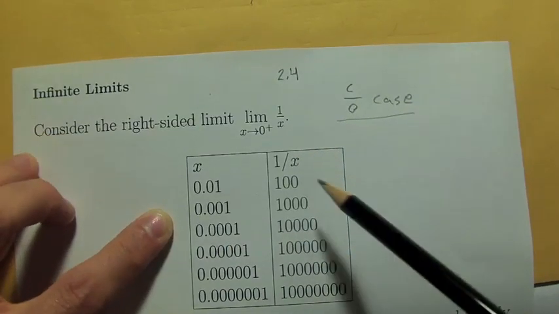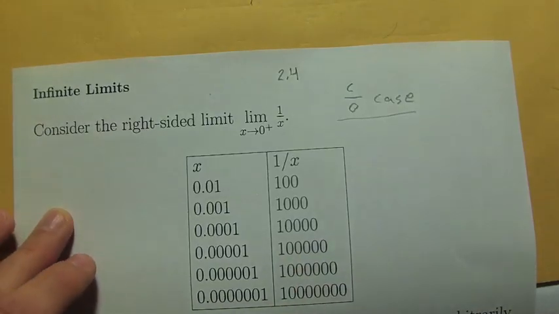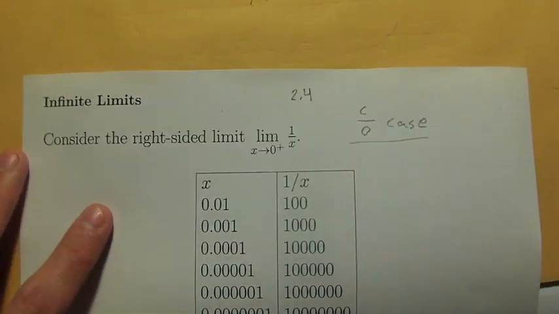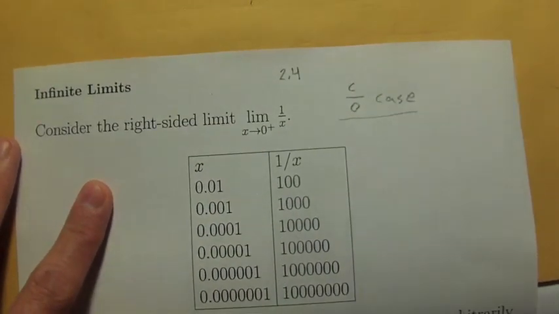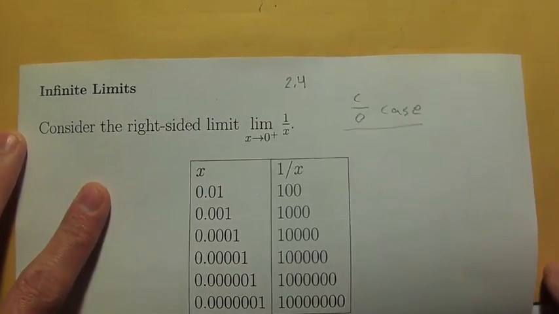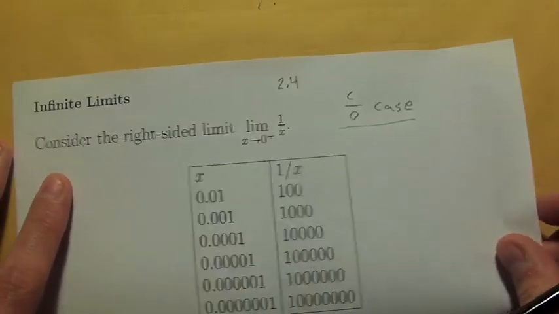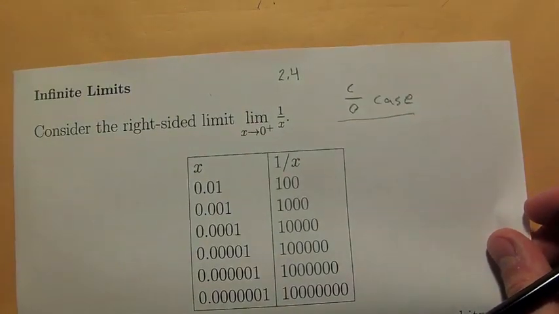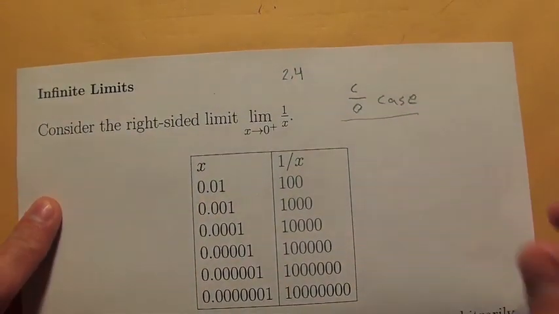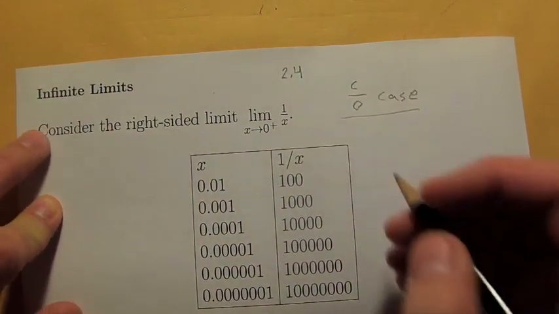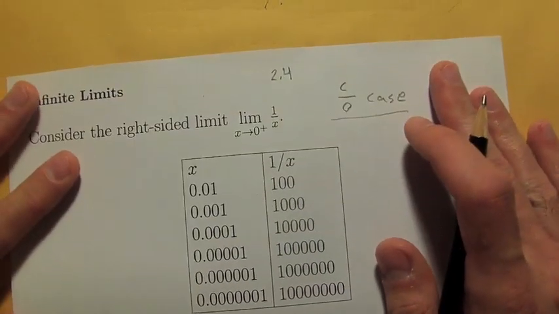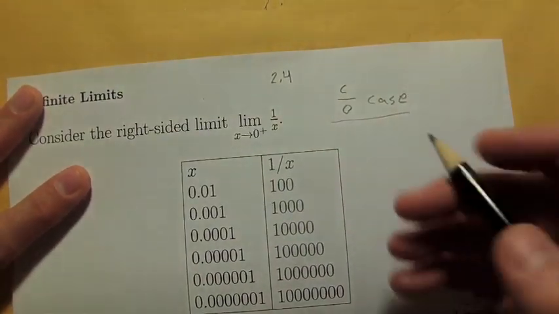And as we see here, as x gets smaller and smaller and smaller, or as x gets closer and closer and closer to 0, okay, 1 over x gets arbitrarily large, right? So it gets just as large as x gets small.